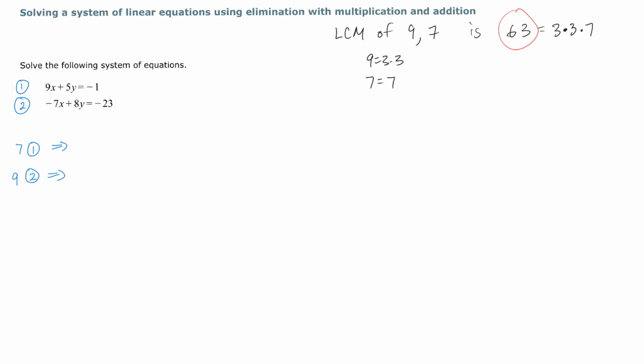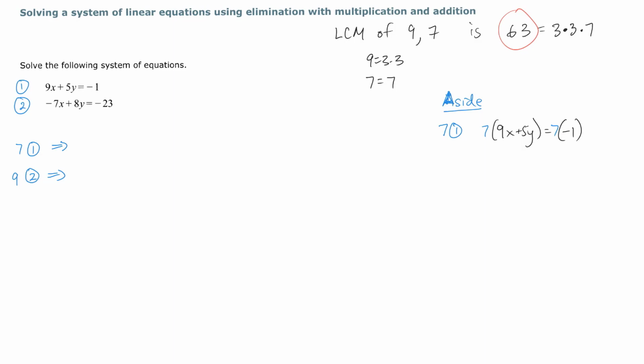Now, what does it mean to have 7 times equation 1? Just off to the side here, I'm going to briefly talk about what my notation is saying. 7 times equation 1 is really 7 times 9x plus 5y is equal to 7 times negative 1. And so that's what I mean by 7 times equation 1.